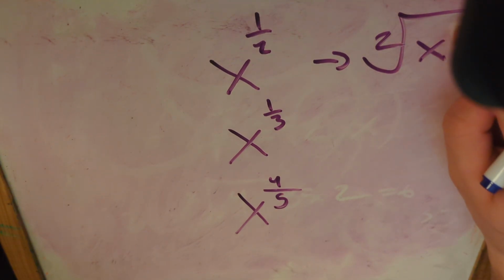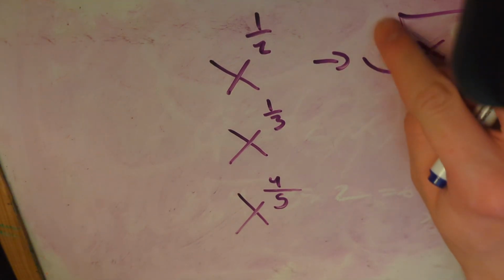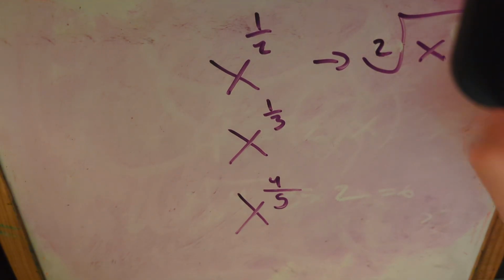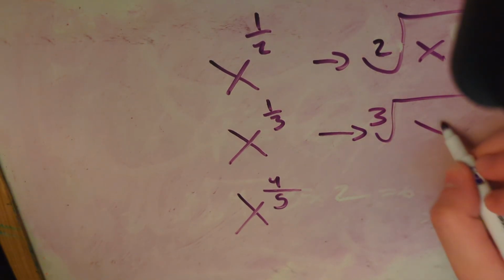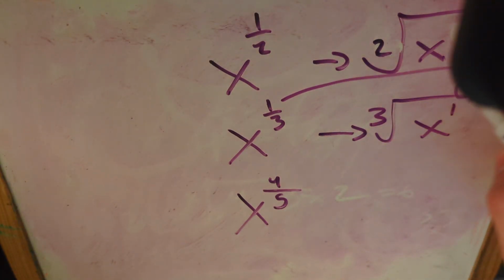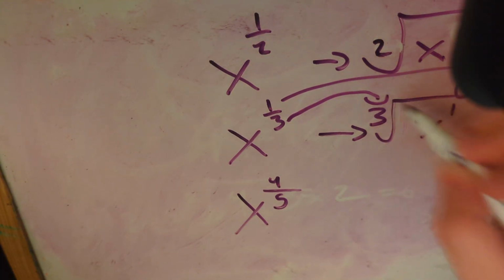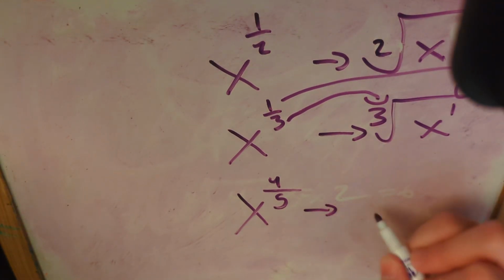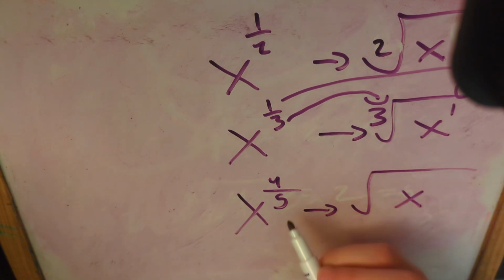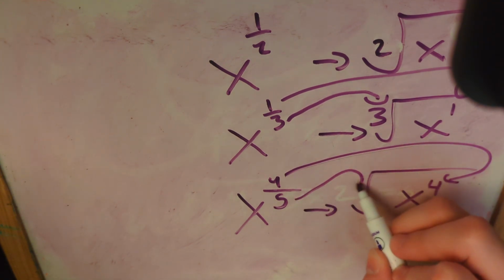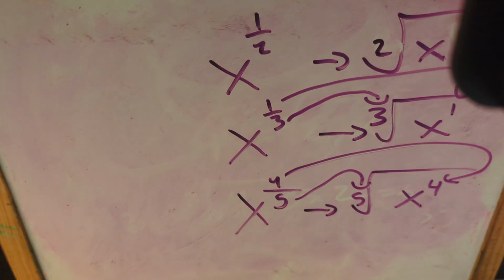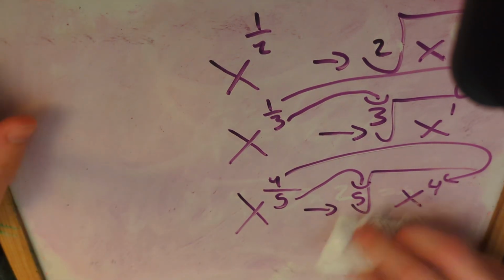So x to the 1/2 can also be the square root of x, right? And over here we have 1/3, right? The 1 is going to go right here, or the top is going to go right there, and then the 3 is going to go right here. And then for this one, the top is going to go down here, so 4, and the 5 is going to go right here, so 5, right? Basically, that's just a simple rule of exponents that's important to know.